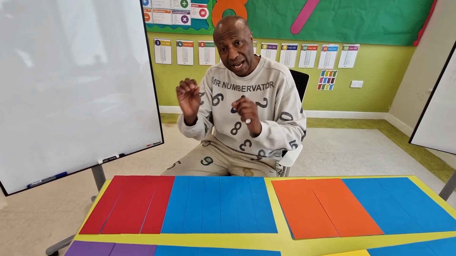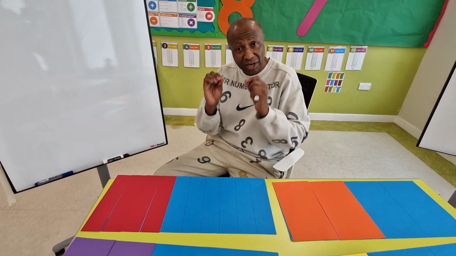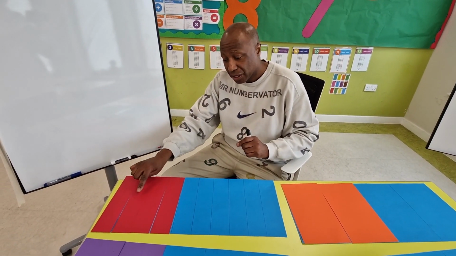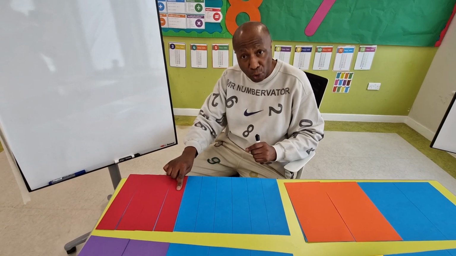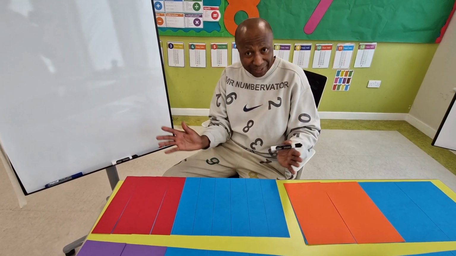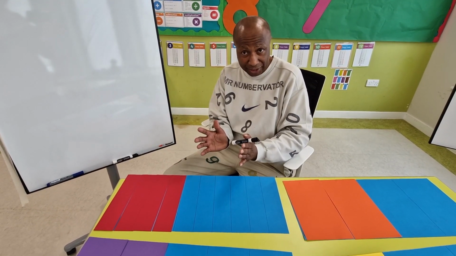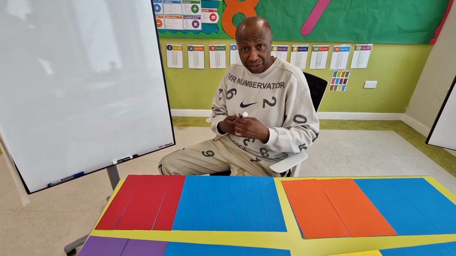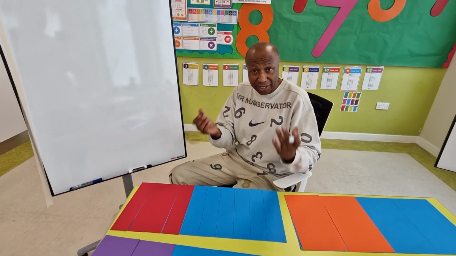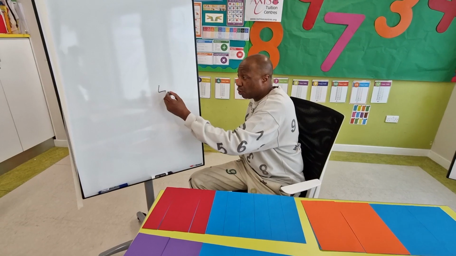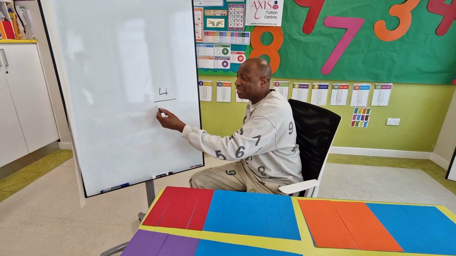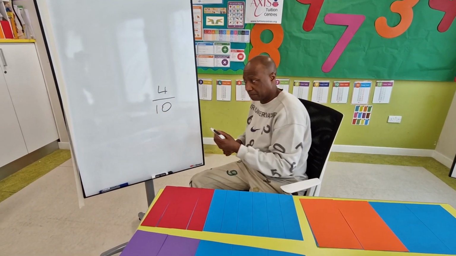Now, I have coloured in 1, 2, 3, 4 out of my 10 equal pieces. So as a fraction, all that I have made is 4 out of 10 pieces.